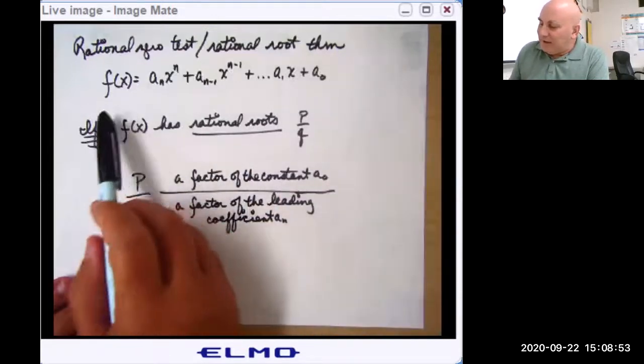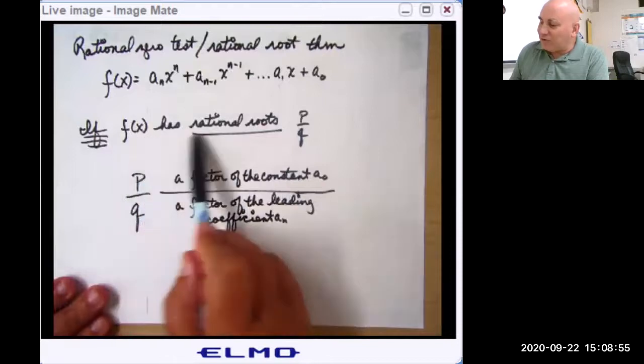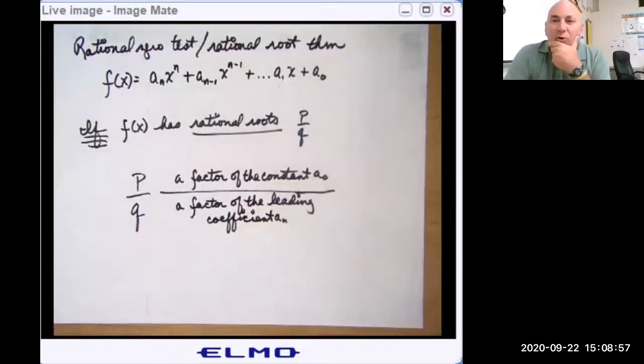Now, if x has rational roots, so rational roots doesn't mean just numbers like 3 and 5. It means like, could be 3/4, where 4x minus 3 is a factor of your polynomial. Think of it, if 4x minus 3 is a factor, so 4x minus 3 times something equals 0 because your y value has to be 0 at the roots. 4x minus 3 equals 0, x is 3/4.